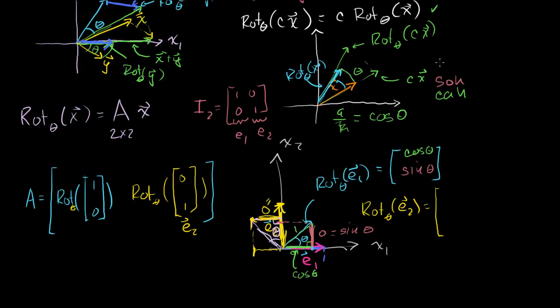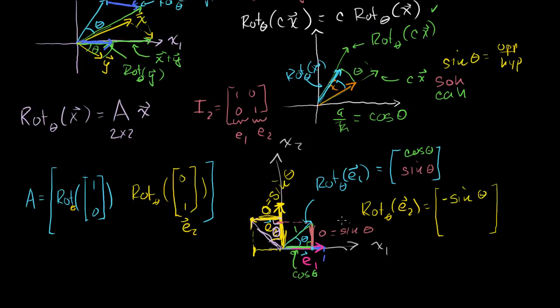Sine of theta is equal to opposite over hypotenuse. So the sine of this angle is equal to this opposite over the hypotenuse. The hypotenuse has length 1, because these are the standard basis vectors. So this is equal to the sine of theta. Now, this distance is equal to the sine of theta, but it's going in the negative direction. So it's going to be equal to minus sine of theta.